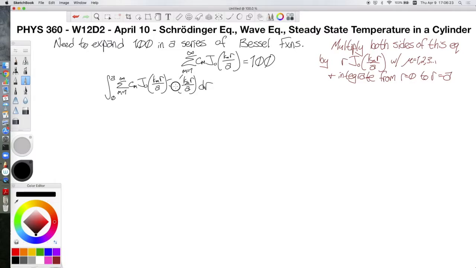Let me make some room for that. So there's an r in between before the second J naught function. And the right-hand side of our equation will then become the integral from 0 to a of 100r times J naught of k sub mu times r over a dr.